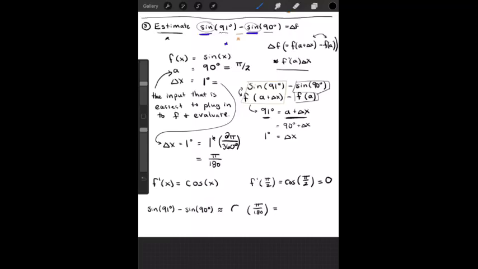Exactly. Alright, so we plug it in there. So we get that as far as we can estimate using this method, there's no difference between sine of 91 degrees and sine of 90 degrees. Right? They are very, very, very close together.